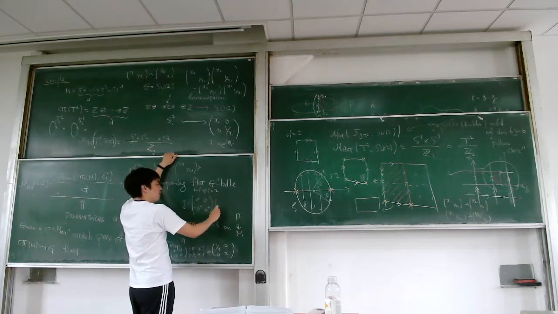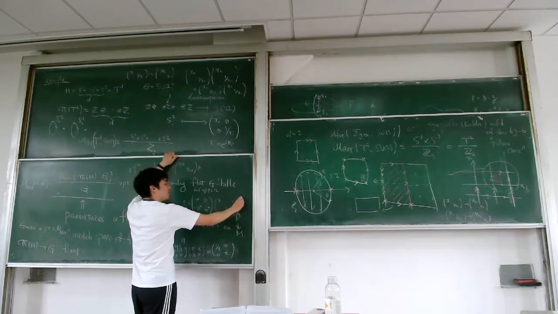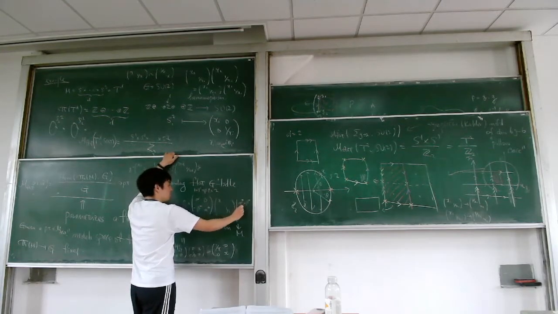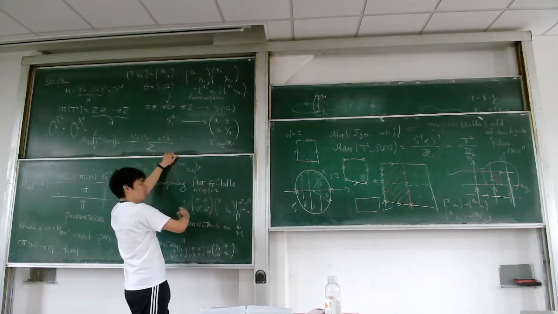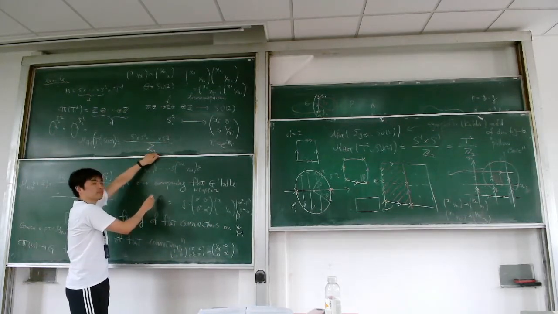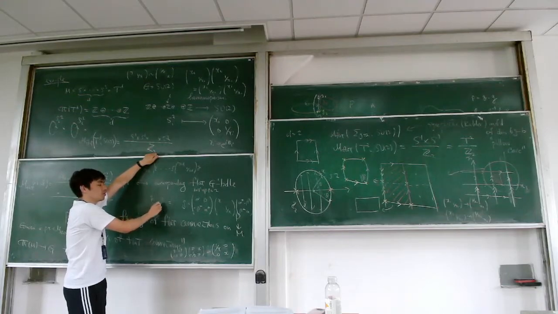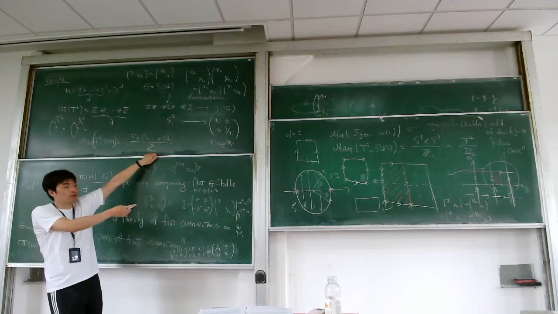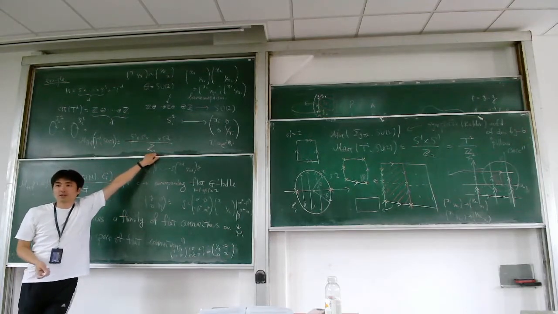And just multiply by x, 1 over x, and then do the form with beta star and alpha, and then just solve the equation.